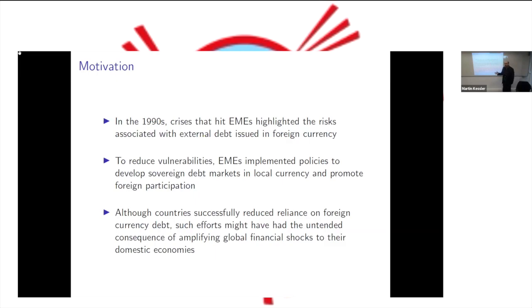To reduce the vulnerabilities, some emerging markets put in place policies to develop local currency sovereign debt markets and to promote the participation of foreign investors in those markets. Although countries successfully, to different levels, reduced their reliance on foreign currency debt, such efforts might have had an unintended consequence of also amplifying global financial shocks to the domestic economy.